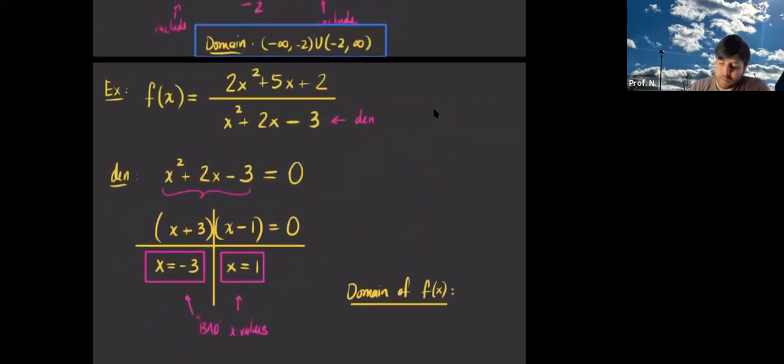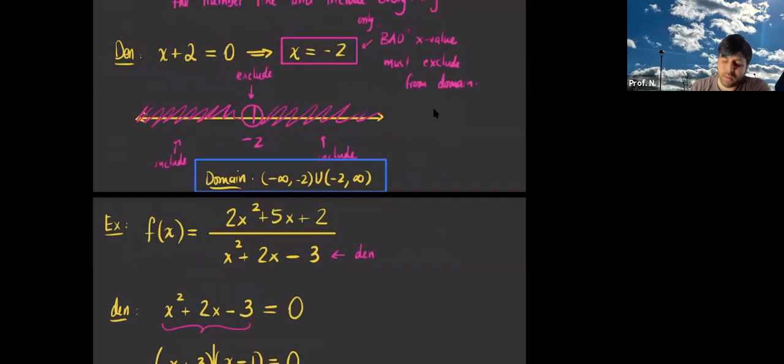So let me just say something above here before we continue. The domain here is in interval notation, right? Remember we talked about interval notation? You can also write the domain in set builder notation. It would be something like this: x, and then the bar, x does not equal negative 2.